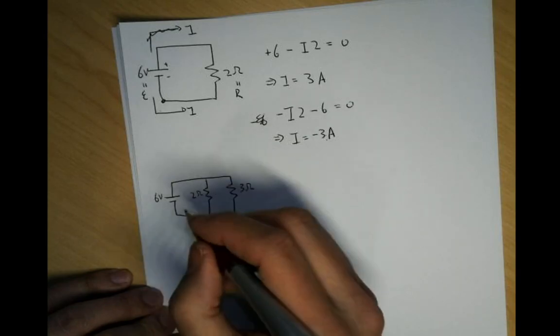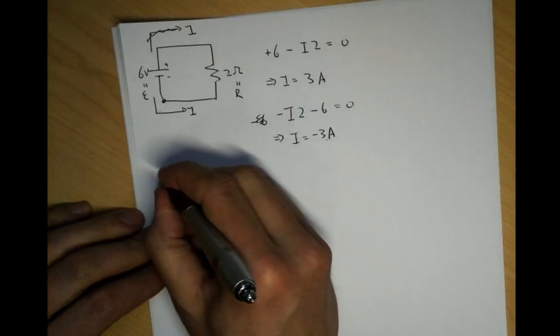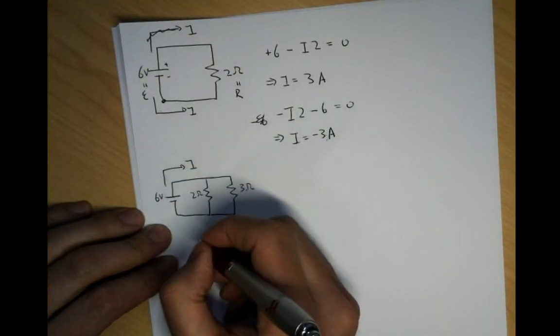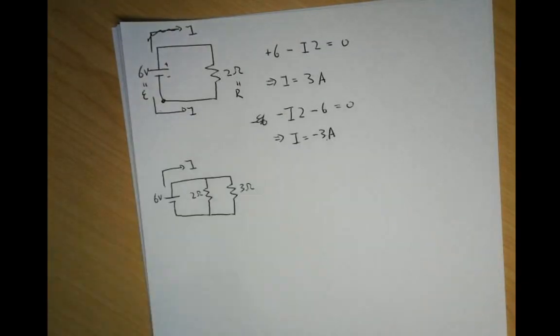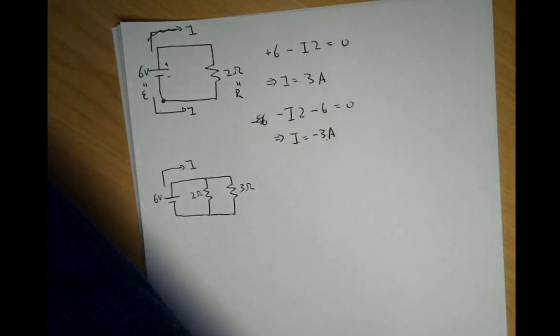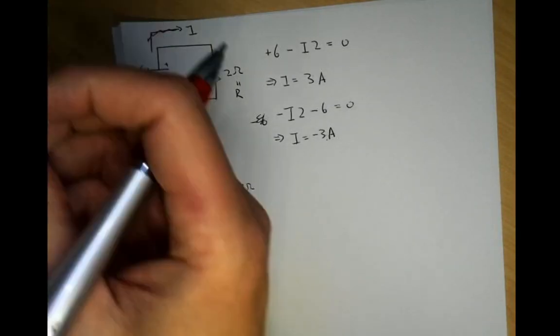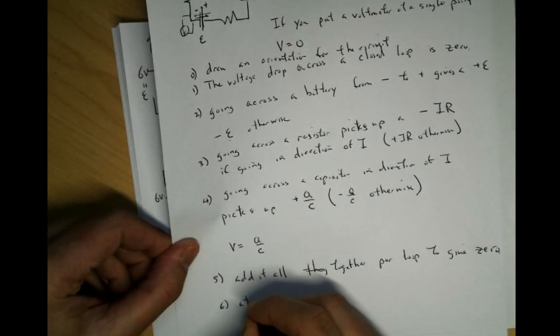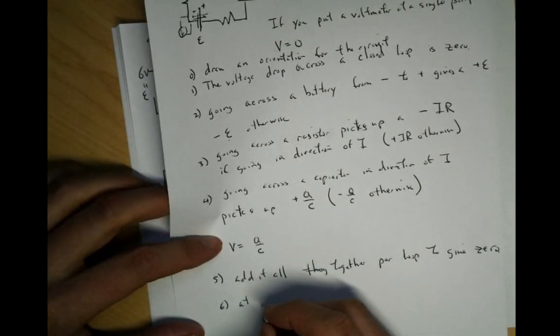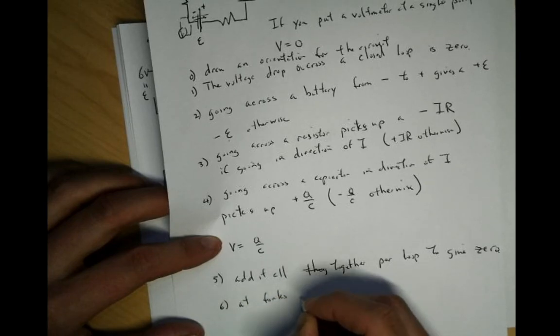So the 0th order rule is that I have to draw orientation. Let's orient everything this way. This is I. And so when it goes here, I have to split up the current. So I need to add to my rules, number 6, at forks.